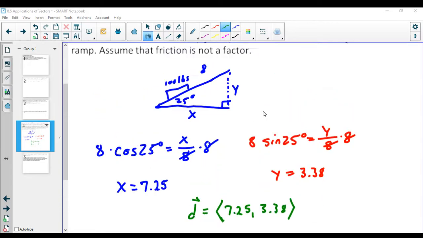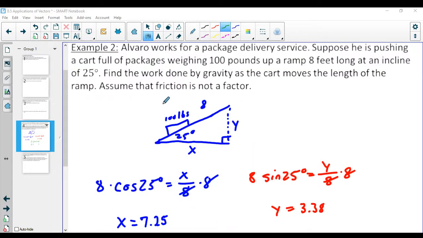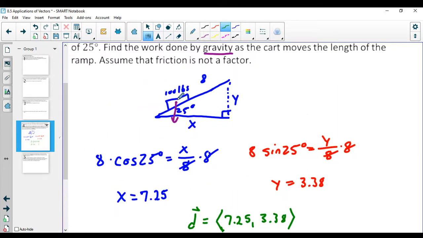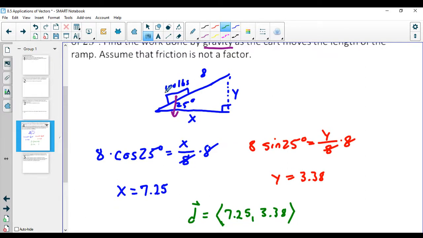So if this is 100 pounds, gravity, because we want the work done by gravity, gravity goes straight down, right? Even though this is on the ramp, gravity pulls straight down. And so the force is going to be 0 in the x direction, because this force of gravity doesn't go left or right, it only goes straight down, and it's going to go down by 100 pounds.